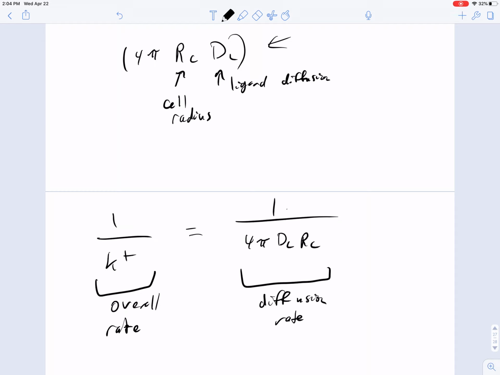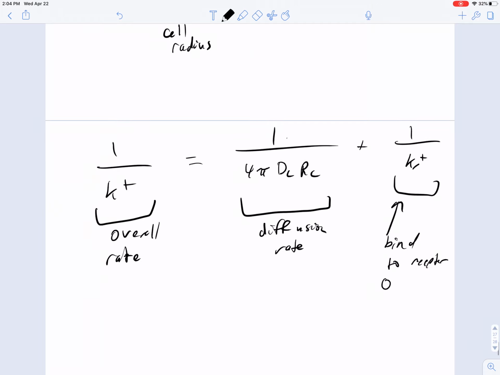And then once you've found your way to the cell, plus 1 over K_r. This is the time it takes to bind to a receptor once you're already at the cell. So there's a two-step process here. In a lot of reactions, you have a diffusion limit or a rate limiting step followed by a reaction step.